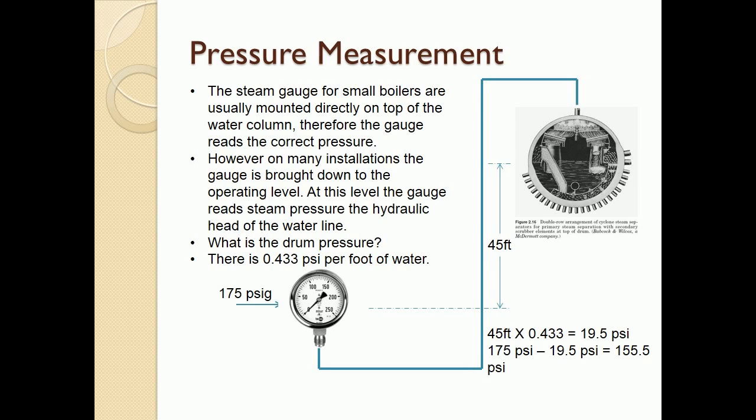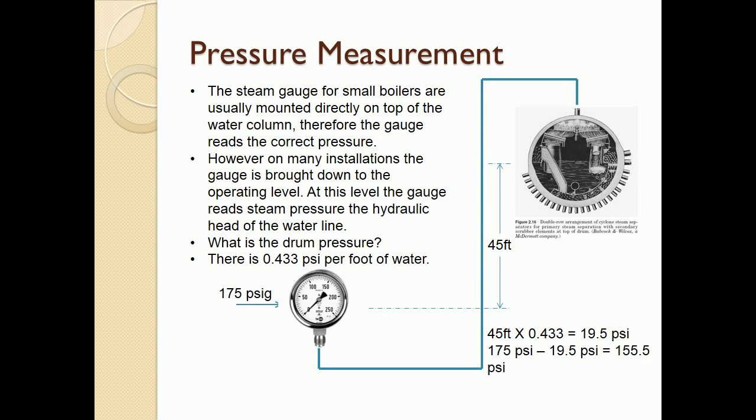So what is the drum pressure? If there is a gauge located 45 feet below a steam drum, when the gauge is reading 175 pounds per square inch, there is 0.433 pounds per square inch per foot of water.